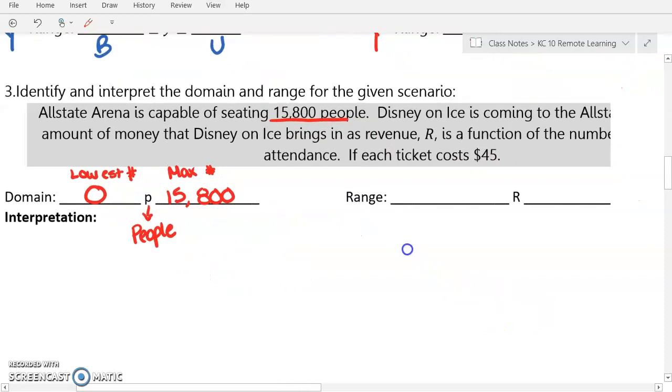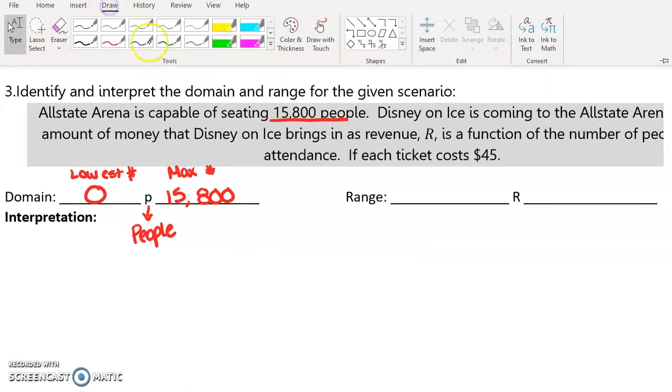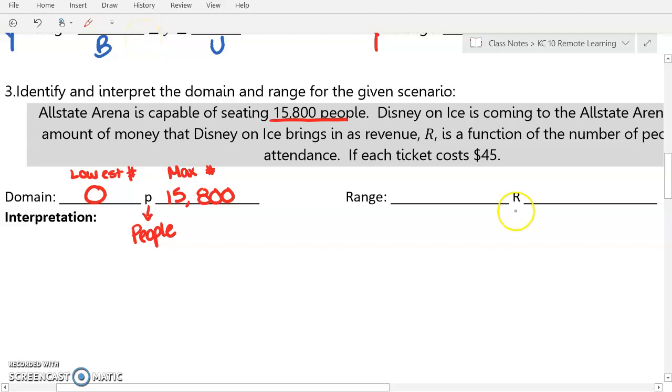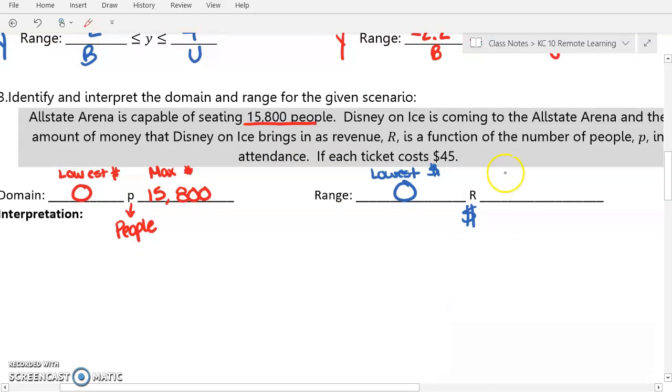The range, on the other hand, is talking about revenue. Revenue in this case is talking about the money. So what's the lowest number we could have? If no one attends, you will make 0 profit. So the lowest number here will be 0. The highest number, your max number of money, would be how much money you can make.